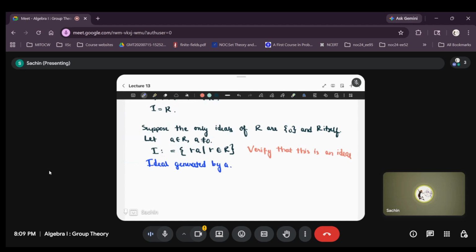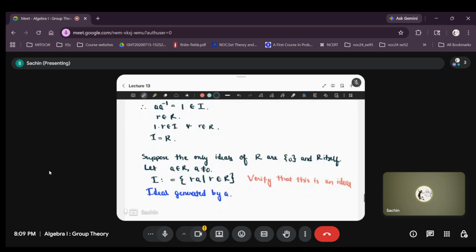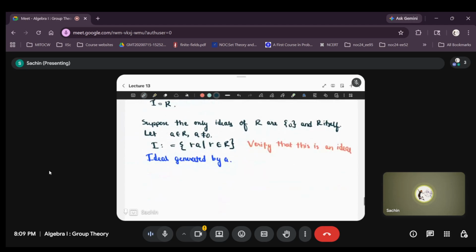Okay, once you verify that it is an ideal, now what? There are only two possibilities, right? Our assumption was: suppose that the only ideals of R are 0 and R itself. So this I must either be the 0 ideal or it must be R itself.